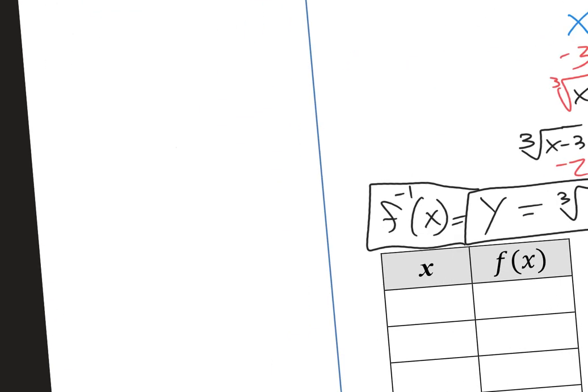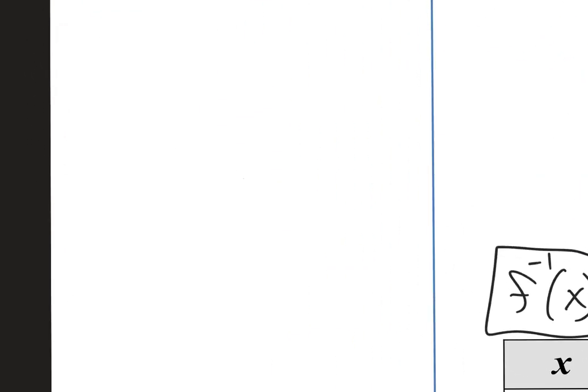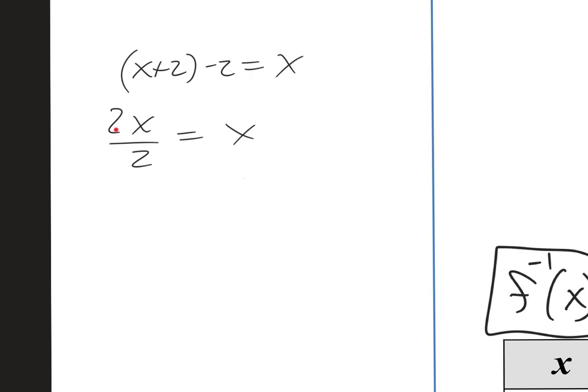For example, we've done inverse functions before, you just never really called them that. If I had x plus 2 and I subtracted 2, that would just give me x, because the plus 2 function and the minus 2 function are inverses. Or if I had 2x and decided to divide by 2, I'd end up with x. The 2 times x is a function, and this you could call an inverse.